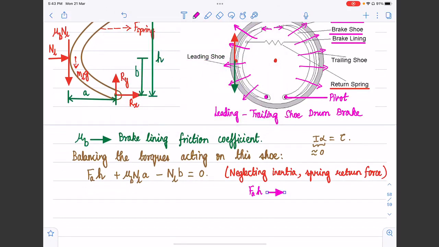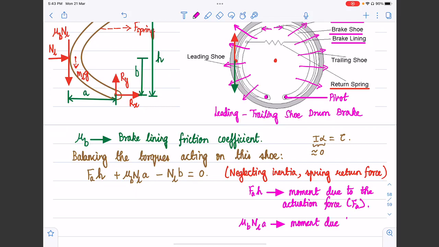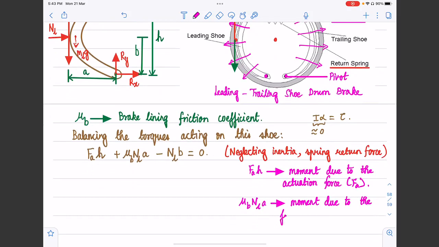FA times H is the moment due to the actuation force FA, and mu B NL A is the moment due to the friction, due to the braking force or the friction force mu NL. So that's the other moment.